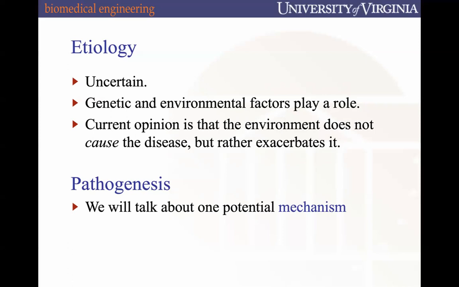In terms of the pathogenesis, or how this disease develops, this is not fully understood. We'll talk about one potential mechanism that this disease is progressing through at the end of the lecture today, but there's likely many other things involved.